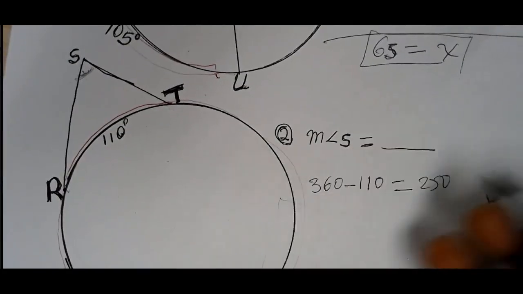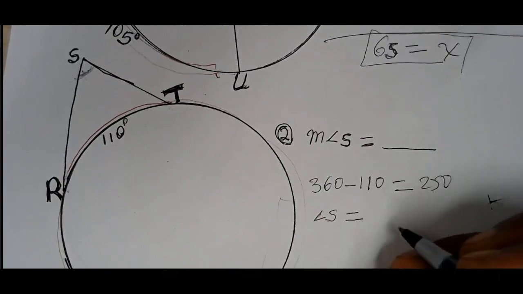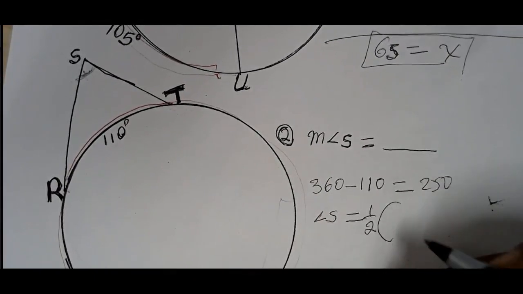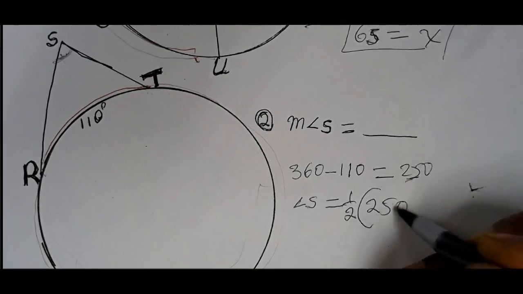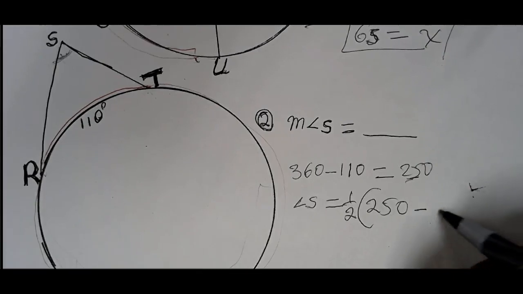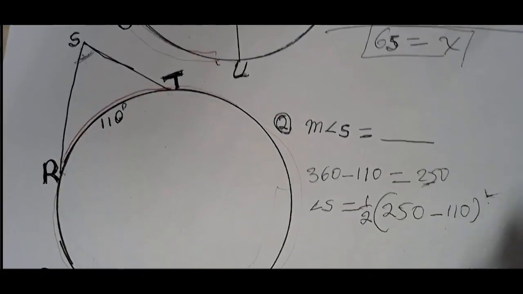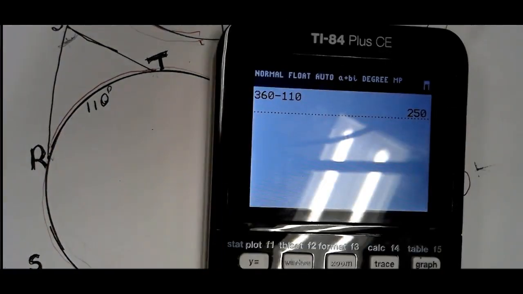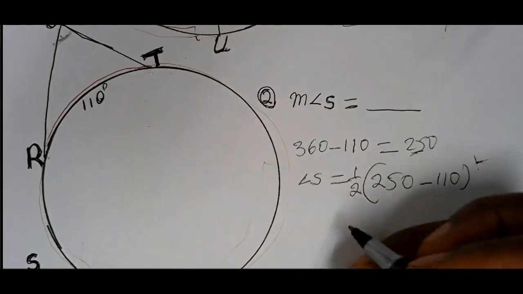So angle S is going to be 1/2 of the bigger arc, which we just found, 250, minus the smaller arc, which is 110. 250 minus 110 is 140.